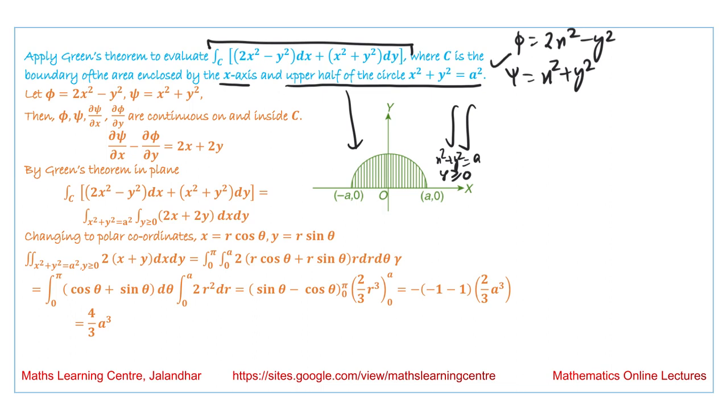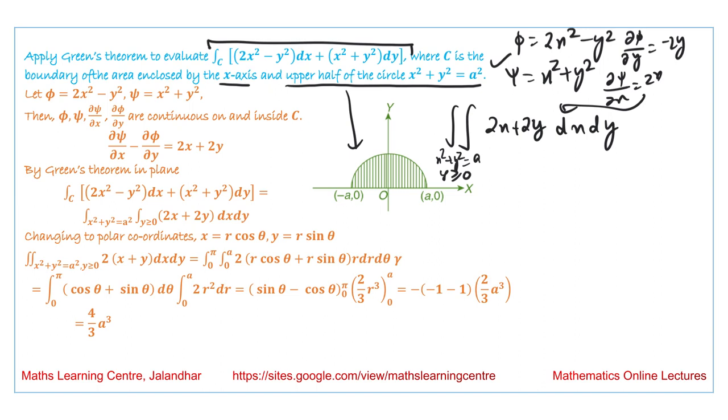So del psi by del x it is 2x, and the second value we will have it is del phi by del y, so it is 2y. So this is the value we are calculating, del phi by del y is equal to minus 2y, del psi by del x is equal to 2x. Subtracting these values we are getting this answer, and the limits that we have over here it is dx into dy.